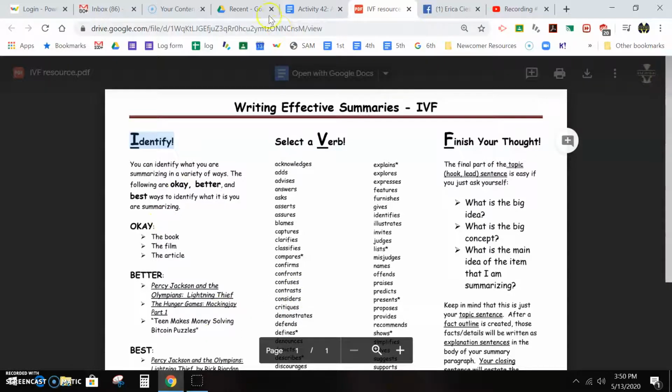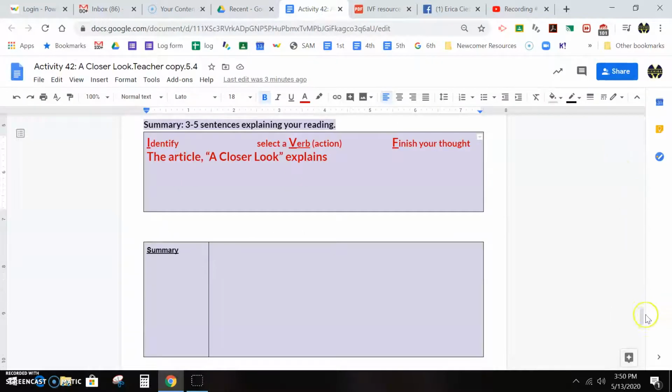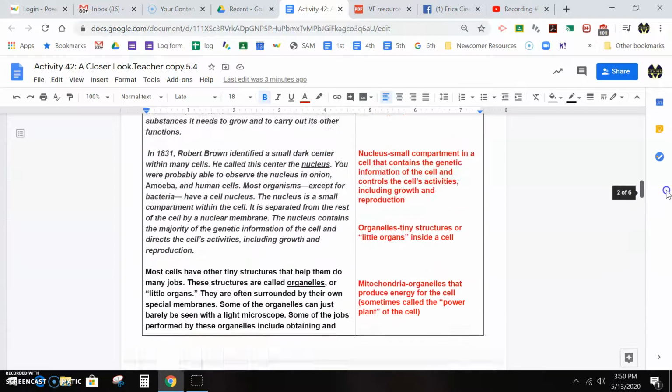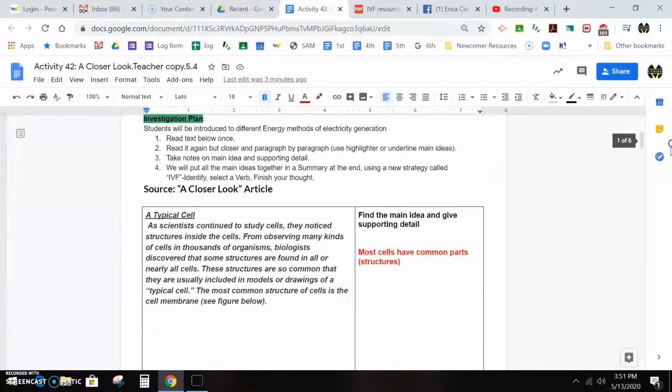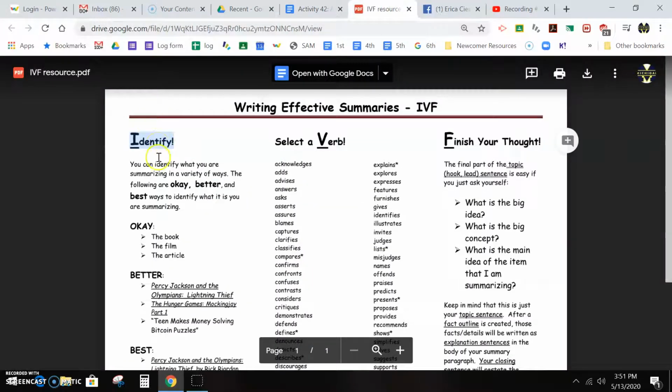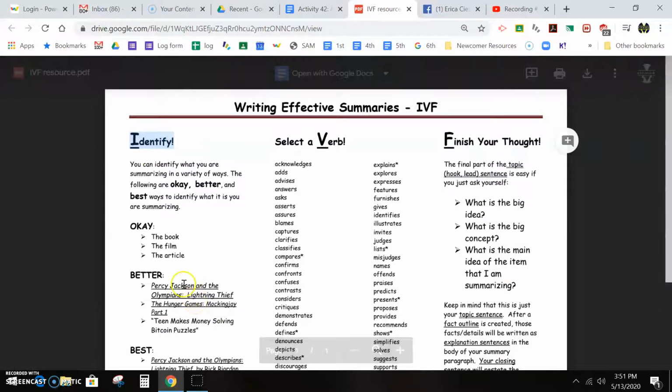So in this case, if I scroll up to the top of activity 42, you can see this is an article. So you read a science article, and the title of that article is called A Closer Look. So when I'm going to identify what I read, the best way to do that is to identify the name of the article and say that it's an article.